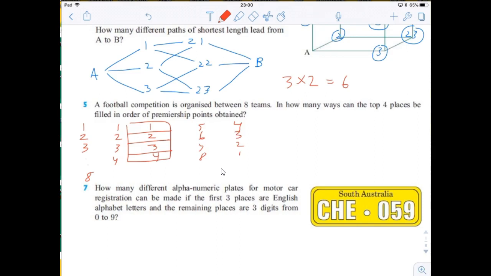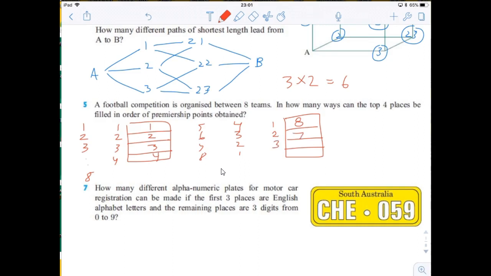Basically, to calculate that, you take each of the positions, and you can only fill each position with one team, and once you've used a team, you can't use that team anymore. So in the first position, you have a choice of 8 different teams. In the second position, you can only choose from 7 teams because you've already used one of the teams in position 1.